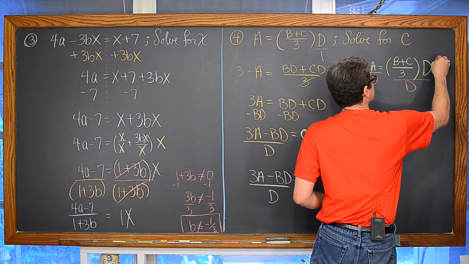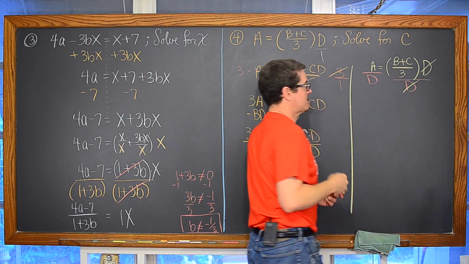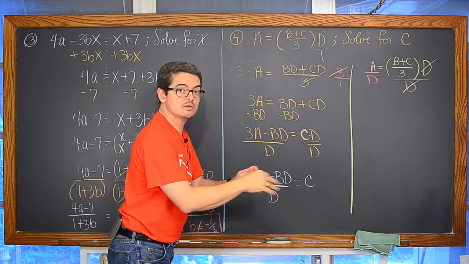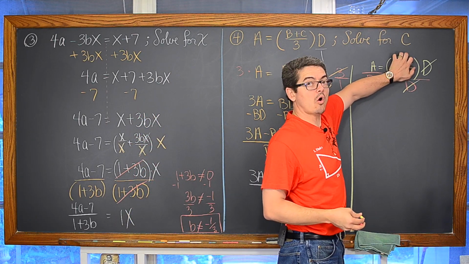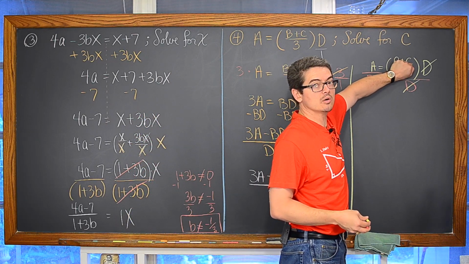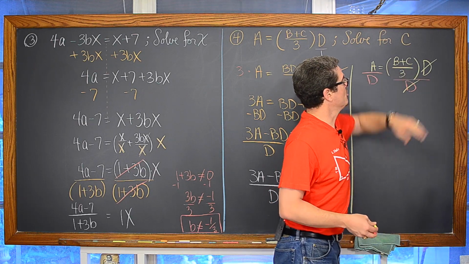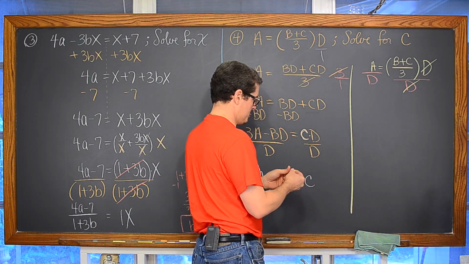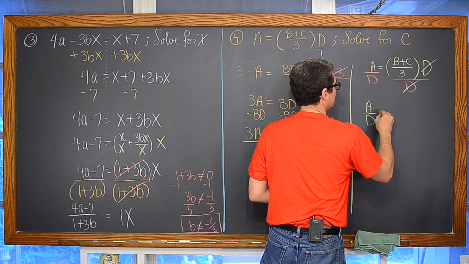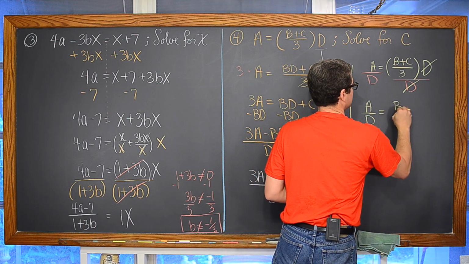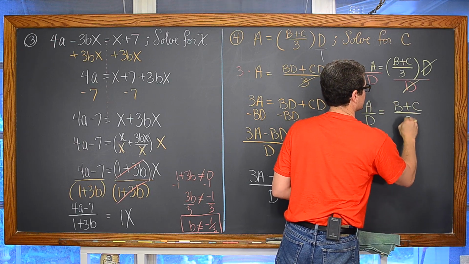That division of d is going to cancel the multiplication of d that's on the right-hand side. Again, because the parentheses are holding all of this together as one term, there is only one term in the numerator here, so you don't have to cancel the d out once. And we get a over d is equal to (b plus c) over 3.